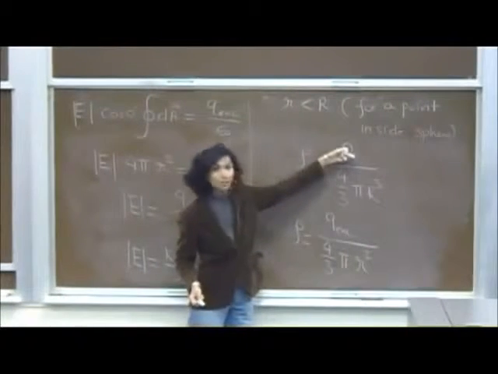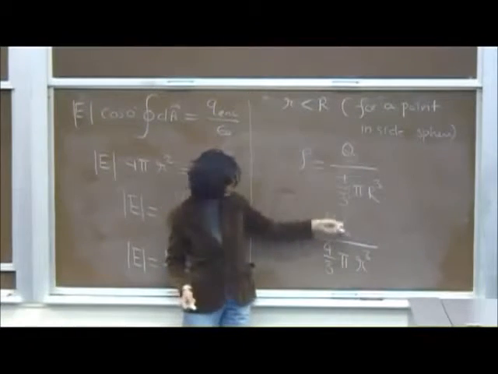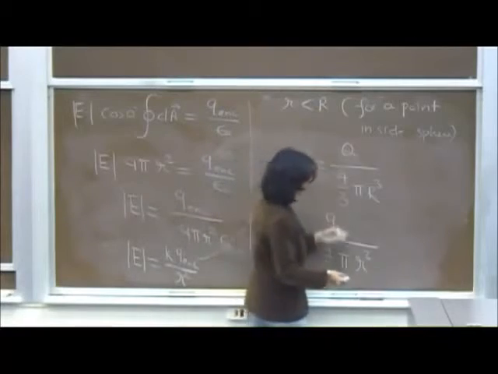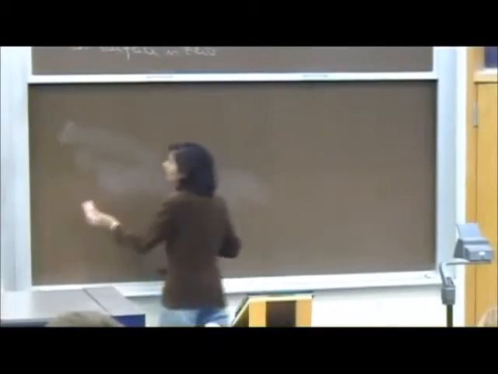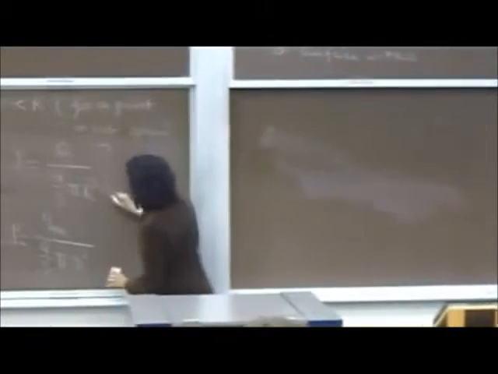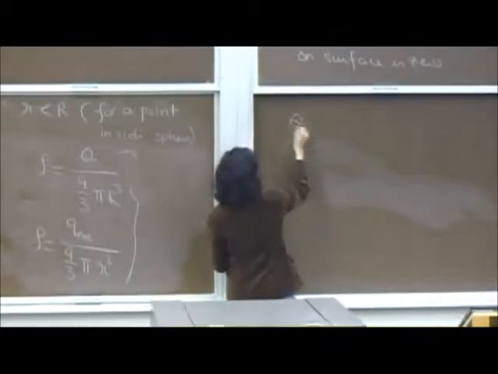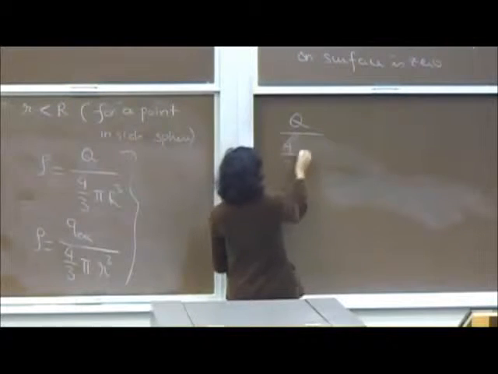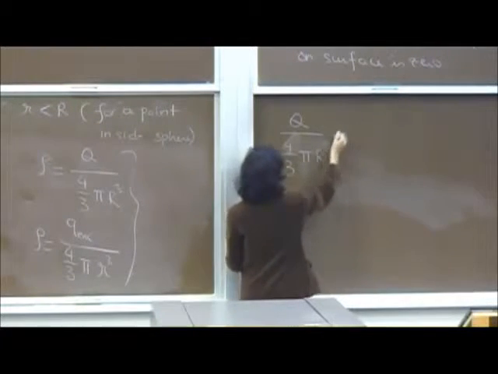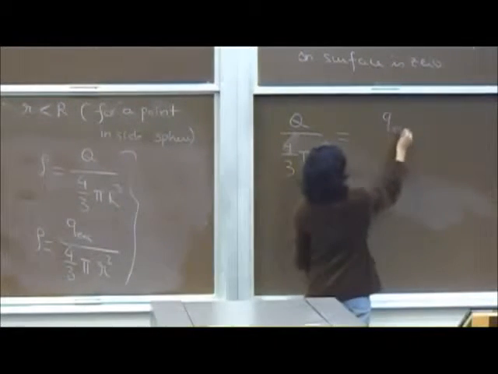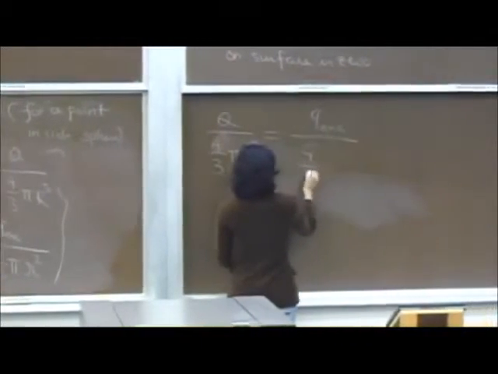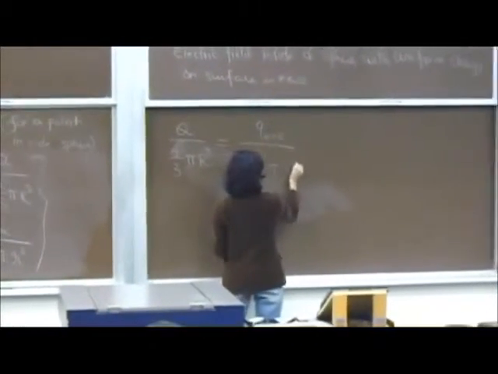Okay, so if that's the case, can we figure out Q enclosed in terms of Q? Because we may know Q, but we don't know Q enclosed. So looking at both of these things together, we can say this for sure. Combining these two, Q divided by 4 over 3 pi R cubed is equal to Q enclosed divided by 4 over 3 pi r cubed.